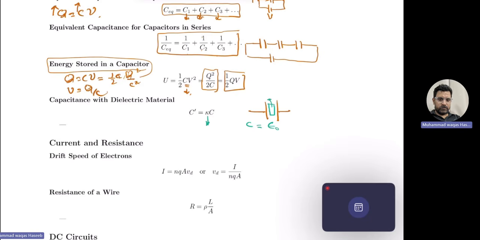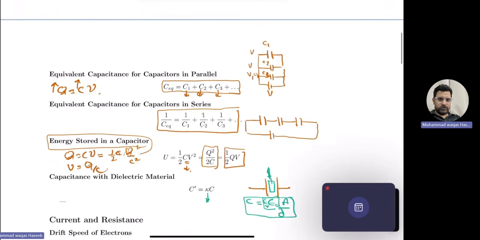So C is epsilon naught A over d, and if you change the epsilon naught of free space to another constant, epsilon r, which is the relative permittivity of that particular medium, the capacitance gets increased.